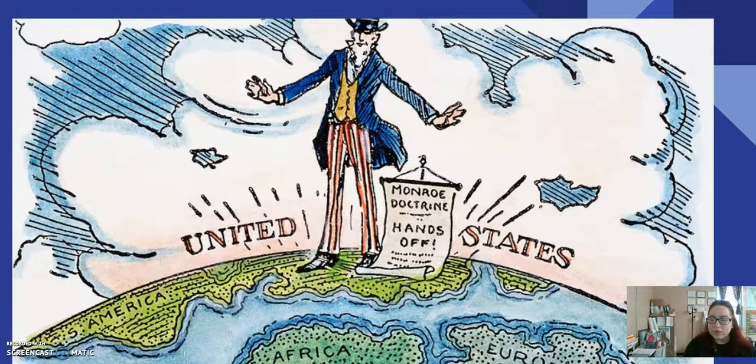It wasn't the big dog and pony show that it is today. But Monroe's message includes two really important ideas that come to define American foreign policy after Washington's Declaration of Neutrality and all the way up until Teddy Roosevelt, really, to the 1890s.